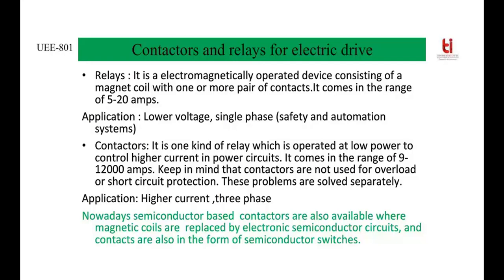Now suppose we want to make our drive system or starting system automatic. In that case it must be self-operated. That means it will sense some parameters across the circuit. It may be voltage, current, torque, speed, etc. Based on that, it will generate switching pulses if it is semiconductor based relays and contactors, or it will generate current to energize the magnetic coil in case of electromagnetic relays and contactors.